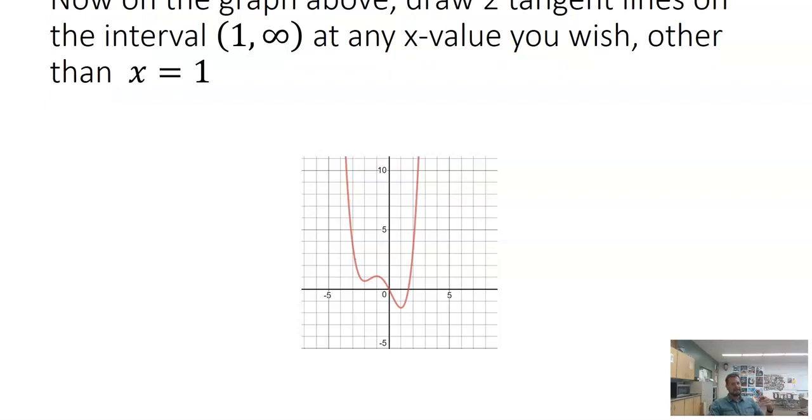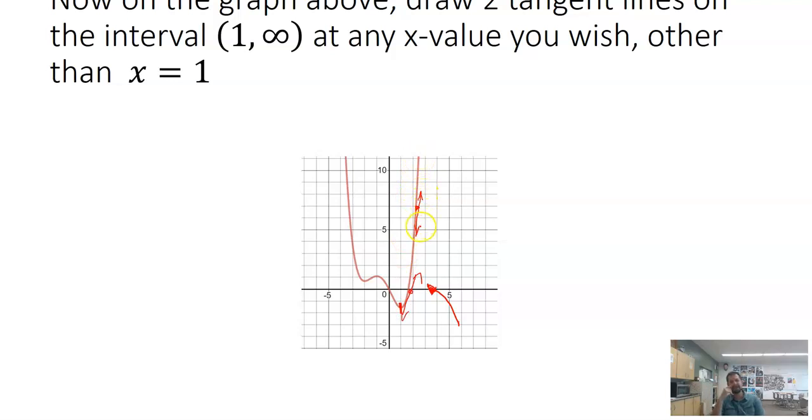If I were to ask you something similar, and I know that's cut off on your screen, but it says draw two tangent lines on the interval from 1 to infinity. So now we're talking about this interval over here and drawing two more tangent lines. If I draw a tangent line maybe there, and a second one right there, both of those tangent lines have a positive slope this time, regardless of where I was, all the way from +1 all the way to infinity.